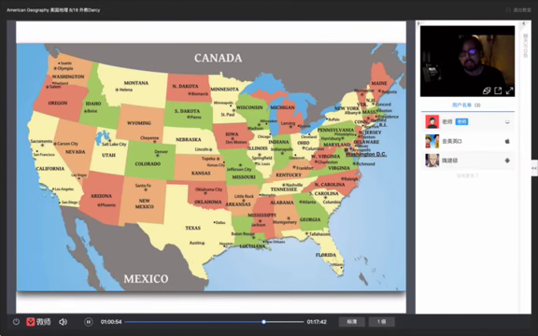Des Moines, Iowa. St. Paul, Minnesota. Pierre, South Dakota. Bismarck, North Dakota. Helena, Montana. Cheyenne, Wyoming. Denver, Colorado. Santa Fe, New Mexico. Phoenix, Arizona. Salt Lake City, Utah. Boise, Idaho. Sacramento, California. Carson City, Nevada. Salem, Oregon, and Olympia, Washington.